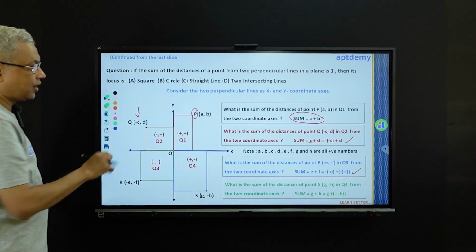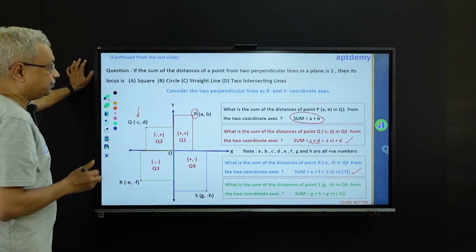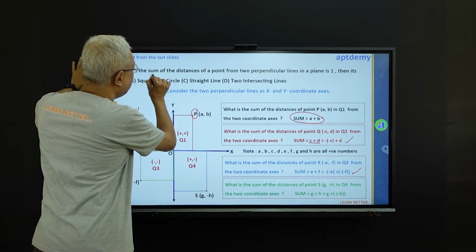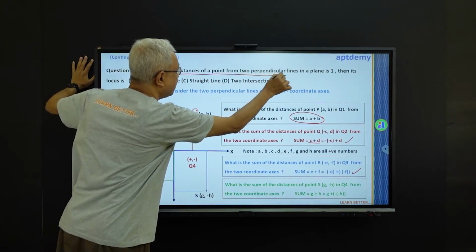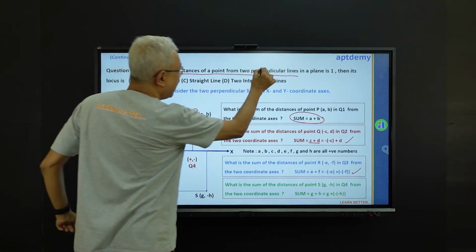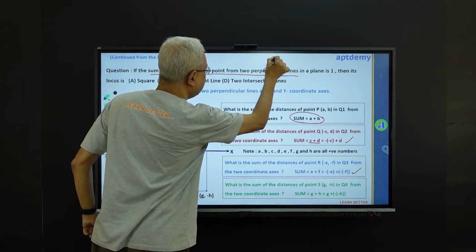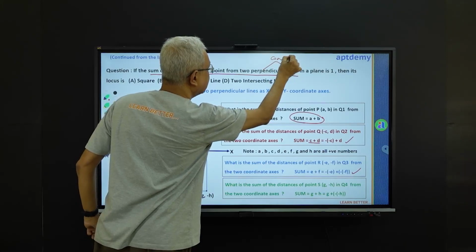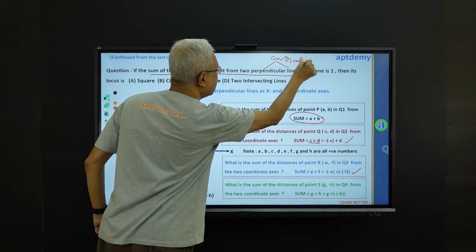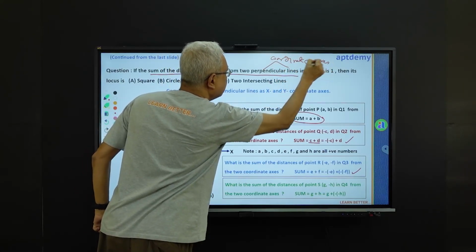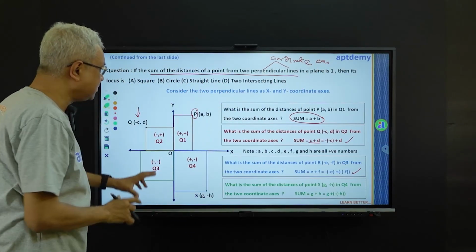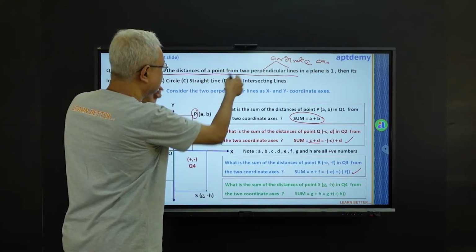Now how do I write this expression? The sum of the distances of the point from two perpendicular lines. These perpendicular lines are, in our case, the coordinate axes, for the sake of brevity. Now what is the general expression of this quantity?